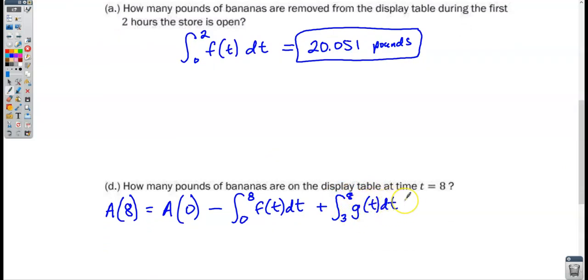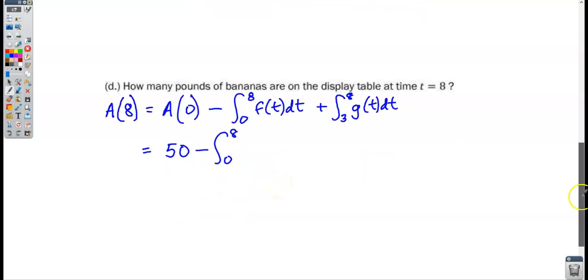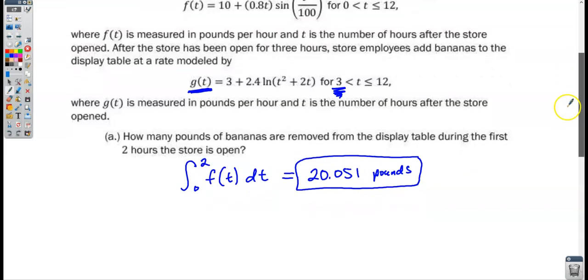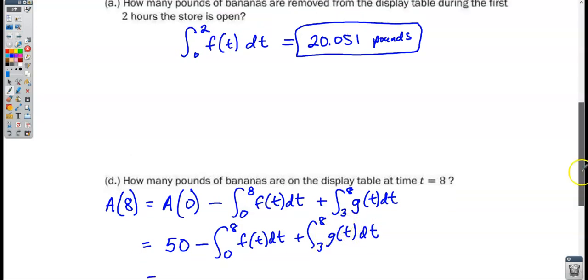And now this whole expression is going to tell me the amount of bananas at time 8. There were 50 to start, minus the integral from 0 to 8 of f of t, plus the integral from 3 to 8 of g of t. I'm going to type this whole thing in on my calculator, and it's going to give me my value.